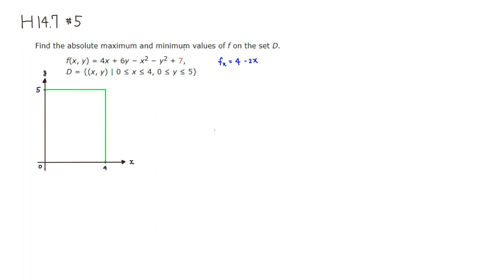If you set that equal to 0, you can see that x is equal to 2.